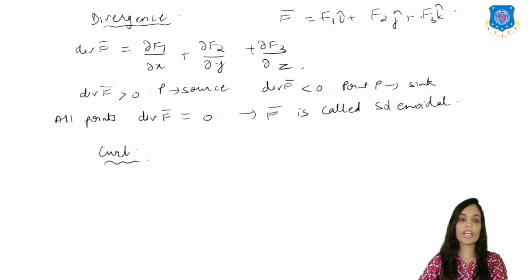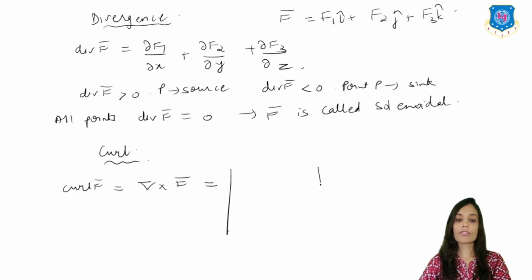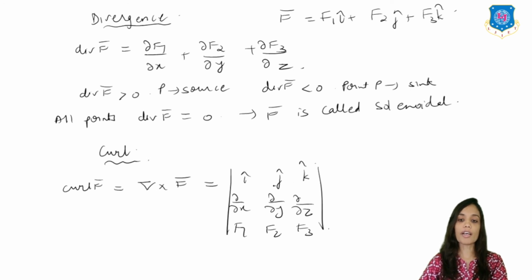Okay. Now we have studied the next definition, curl. So if you are given a vector field f bar, curl of f bar is defined as del cross f bar, and that is equal to i cap, j cap, k cap, del by del x, del by del y, del by del z, f1, f2, f3. Right? You have to solve this determinant and find the answer.